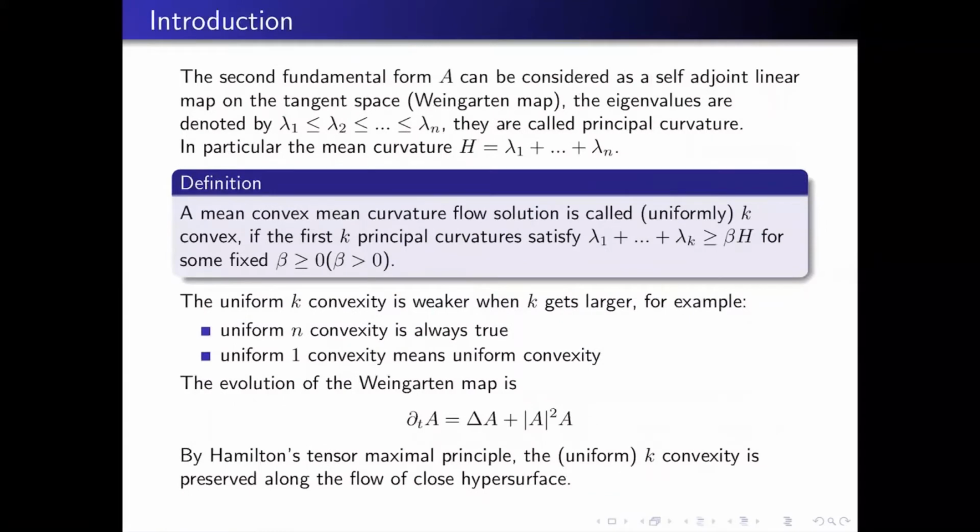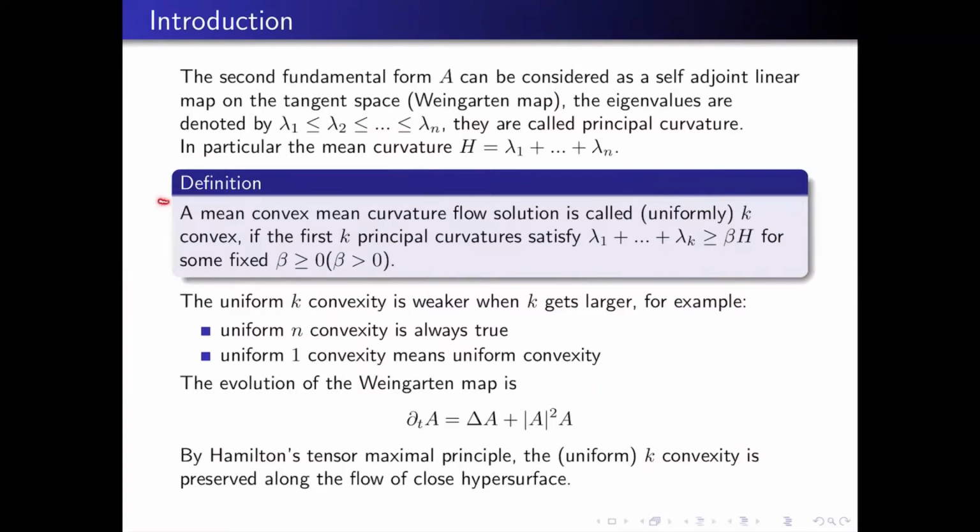Now, let's mention a more general convexity condition. Note that the second fundamental form A is a self-adjoint linear map on the tangent space, also known as the Weingarten map. And the eigenvalues are denoted by lambda_1, lambda_2 to lambda_n in ascending order. They are called principal curvatures. In particular, the mean curvature is the summation of all the principal curvatures.